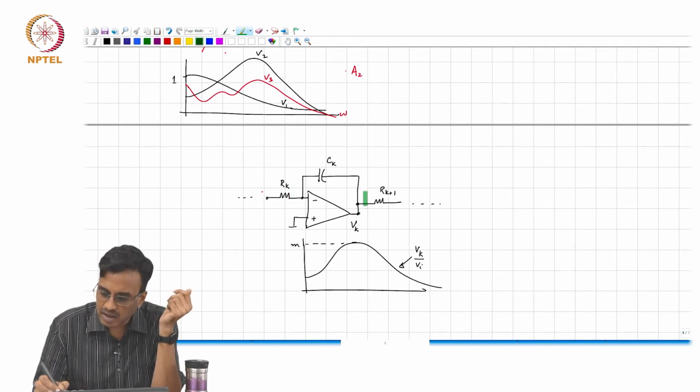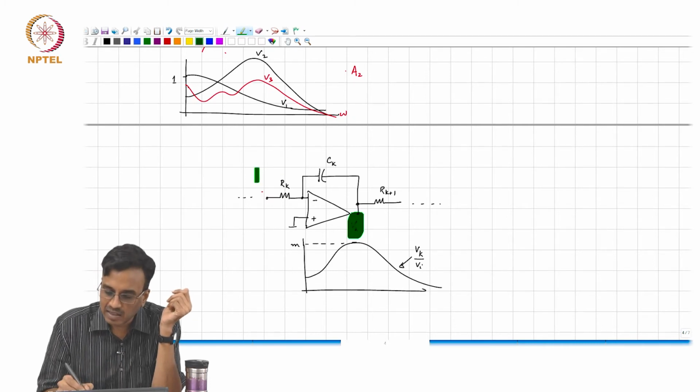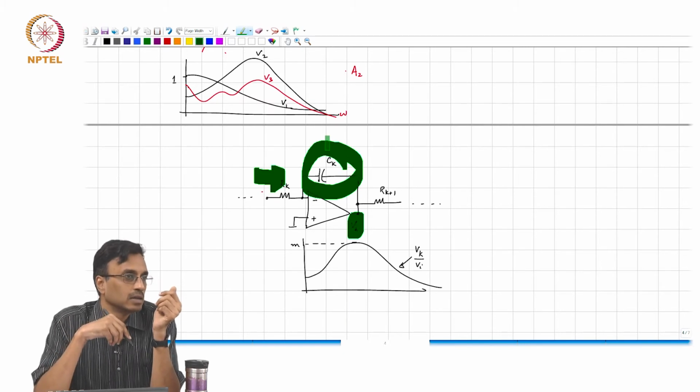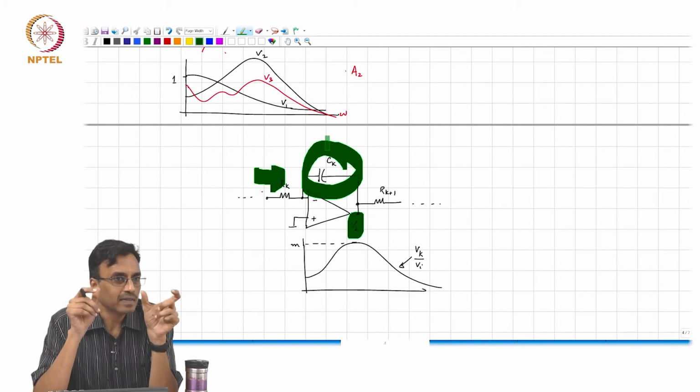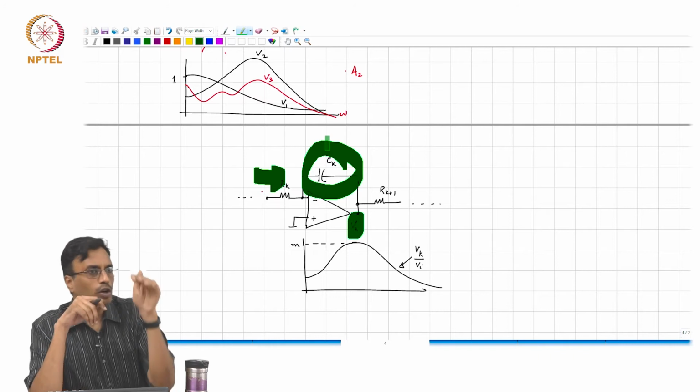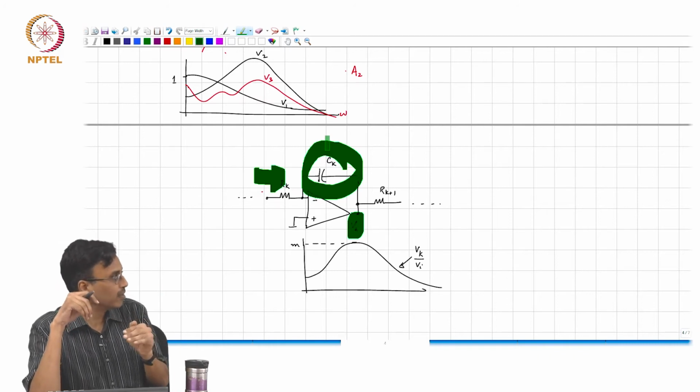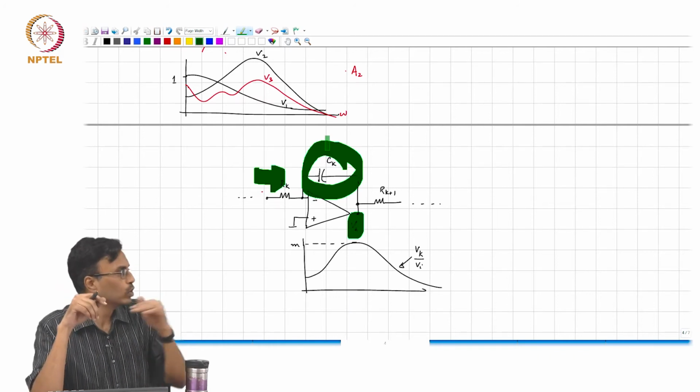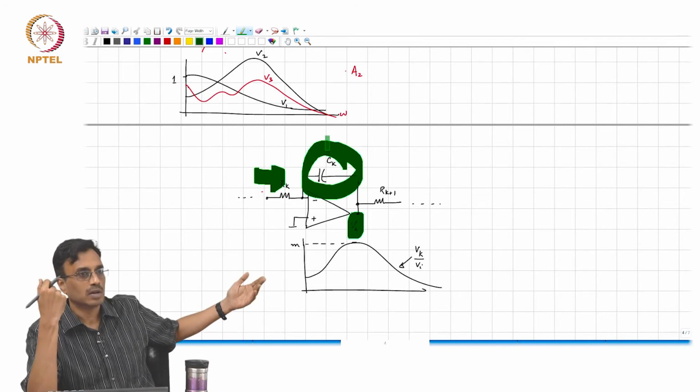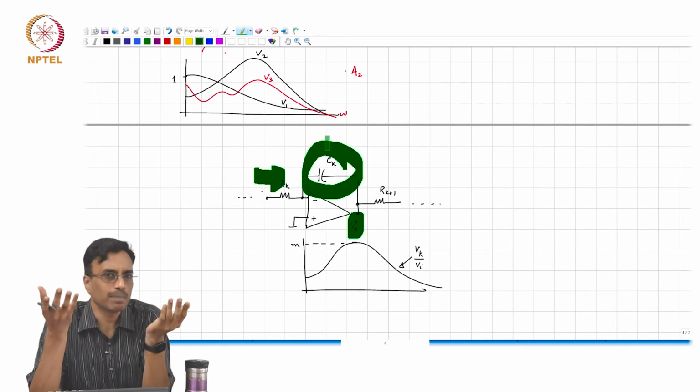Remember that the voltage Vk is basically this current times the impedance, correct? So if you want to reduce the voltage by a factor of M, what do you want to reduce it to? The peak gain is M. What do you want to make the peak gain?